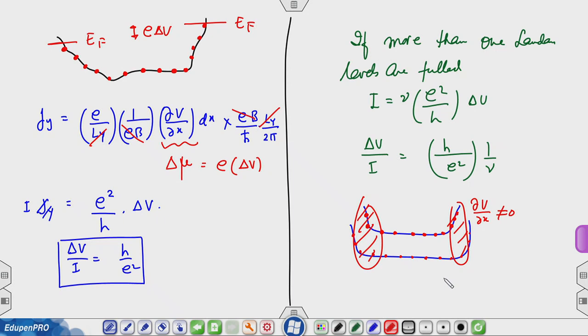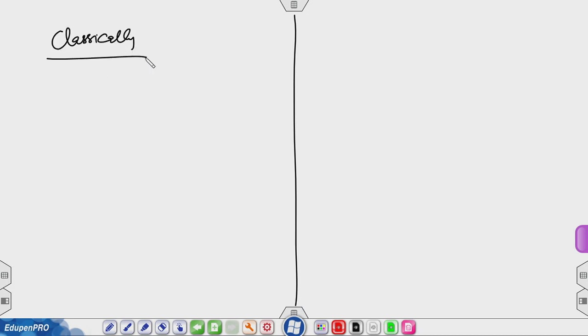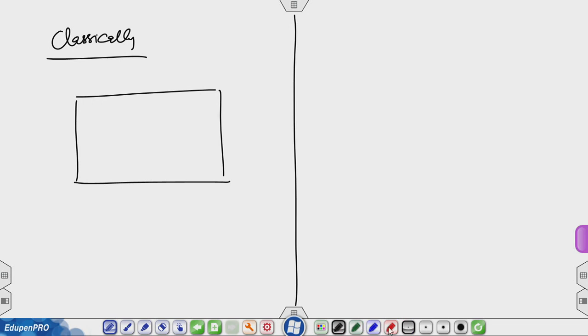Now, classically, you can also interpret it. Just to make a picture in your mind, if you look at this sample from the top, here is B field coming out. The electrons would be making a circular motion like this.